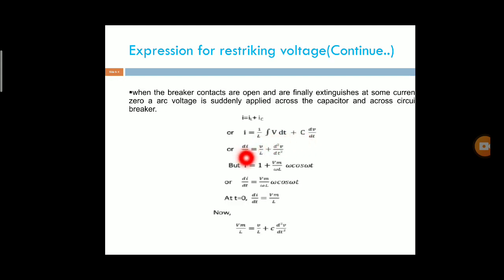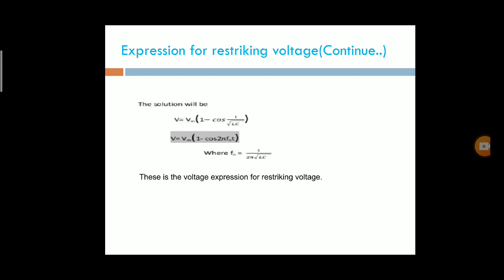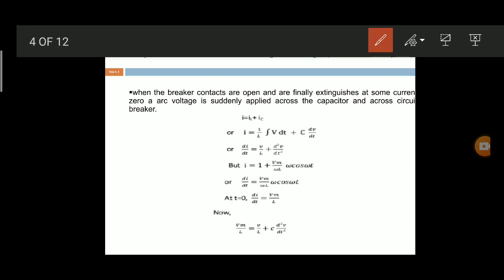Next, we differentiate the above equation with respect to t. Therefore, di by dt equals V by L while differentiating the first term. Next is C dV by dt; while differentiating this, we obtain C d square V by dt square.